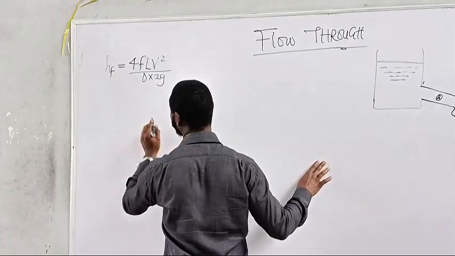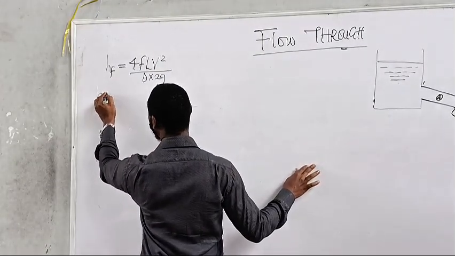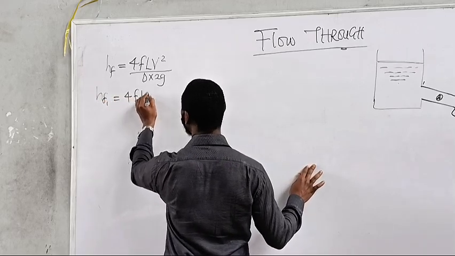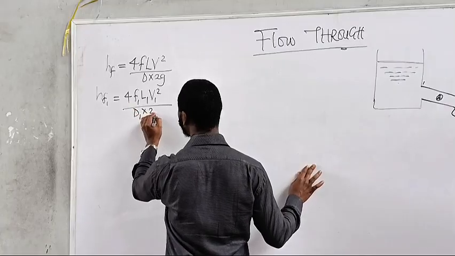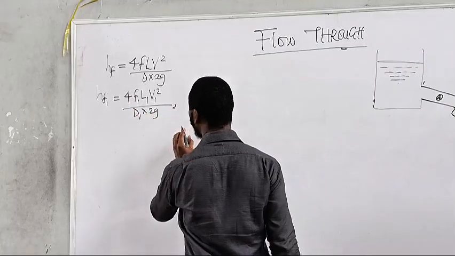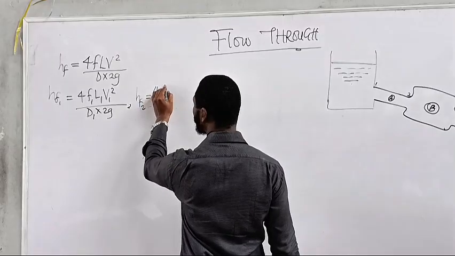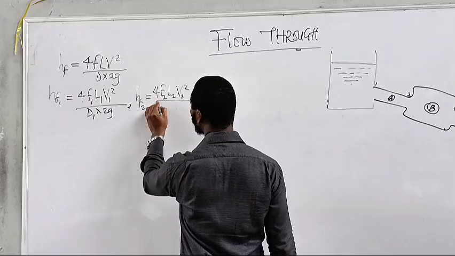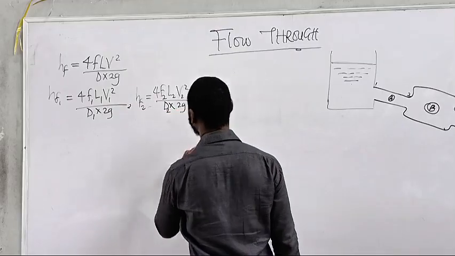Now, for pipe 1, hf1 becomes 4 f1 L1 V1 squared divided by D1 multiplied by 2g. Then for pipe 2, hf2 equals 4 f2 L2 V2 squared over D2 multiplied by 2g.